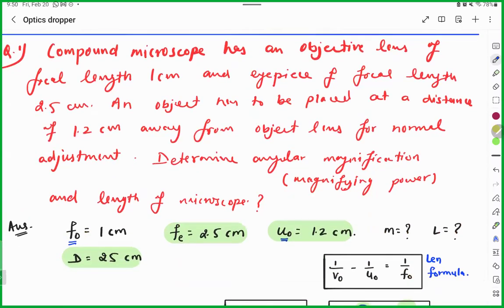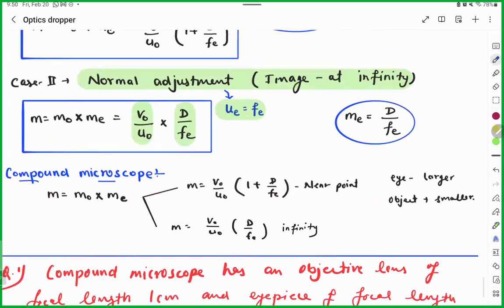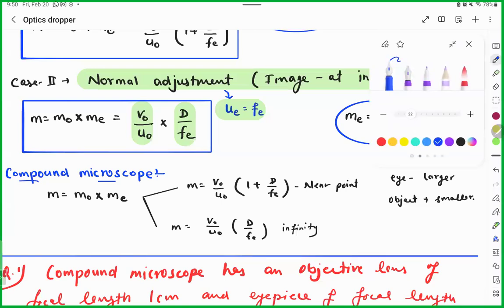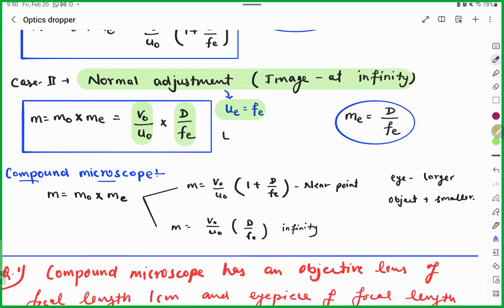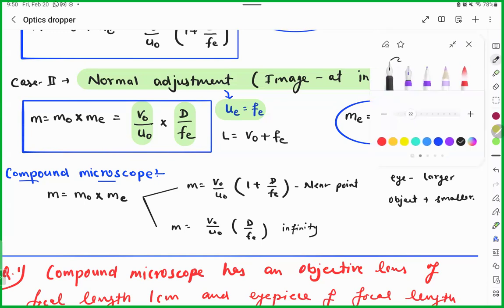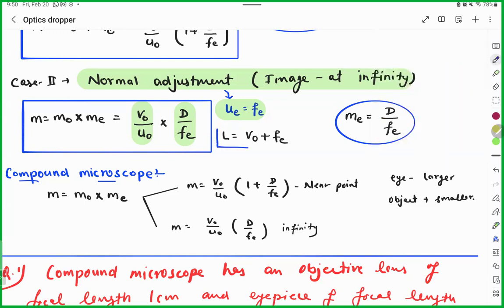Check this sign. Here you can also write that the length of the tube will be V naught plus FE, because you know UE is equal to FE.